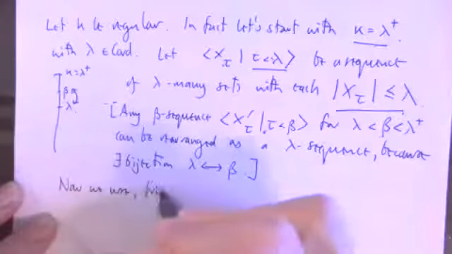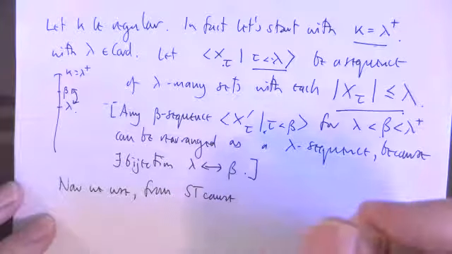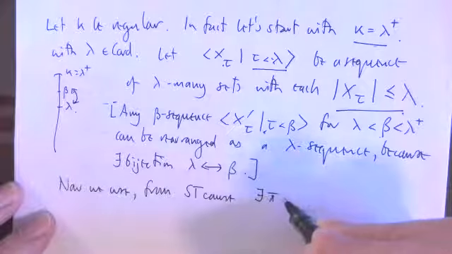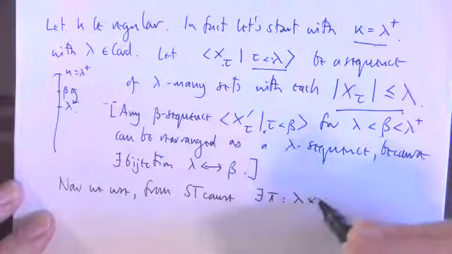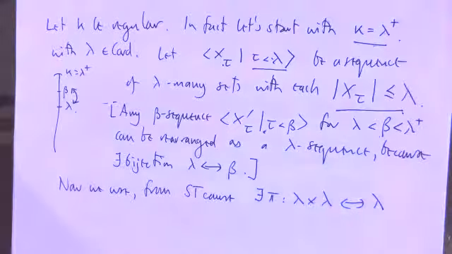Now we use, from the third year set theory course, that there is pi, a bijection between lambda cross lambda and lambda. So this came as a corollary to Hessenberg's theorem, or perhaps it was part of Hessenberg's theorem.